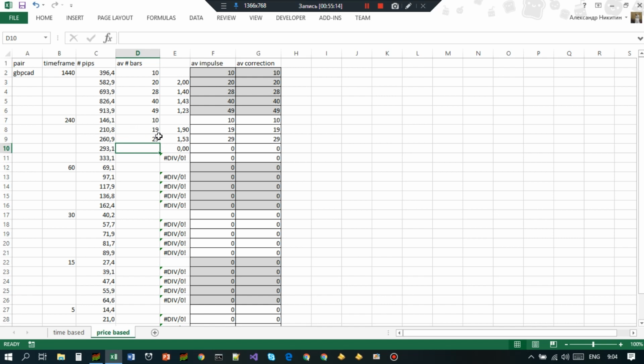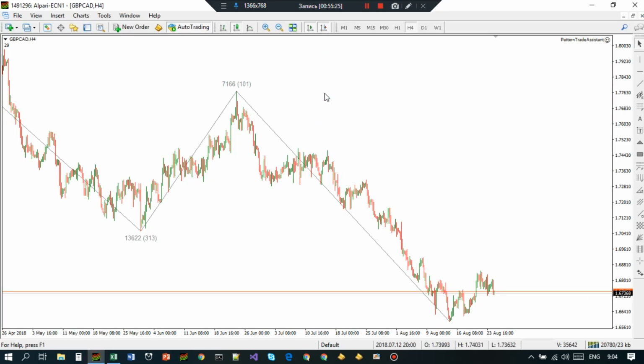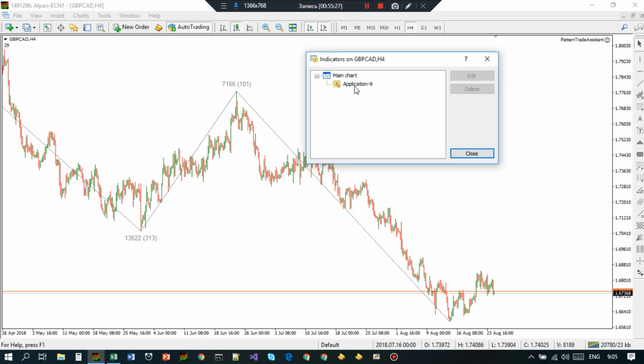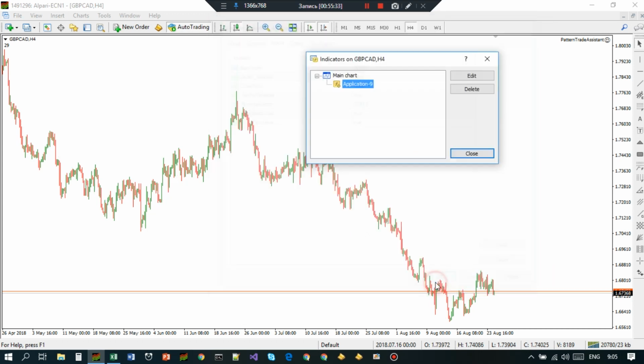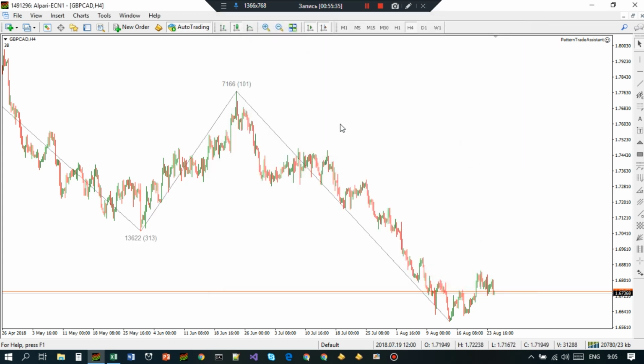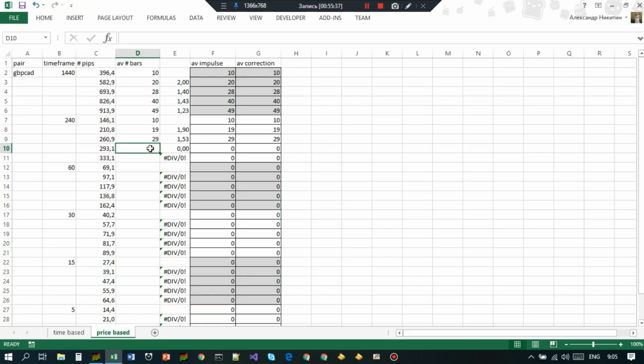Previously we had 28 bars. Okay, then 29, 31. So it is 38. 40 and 38.